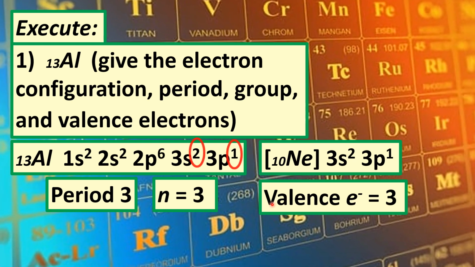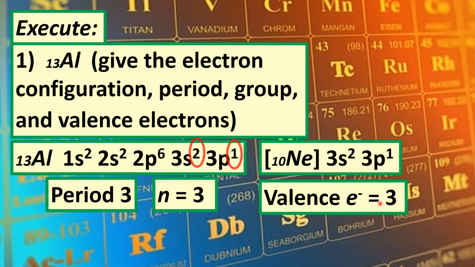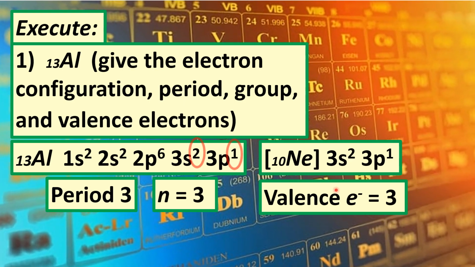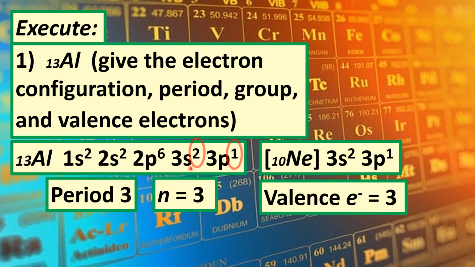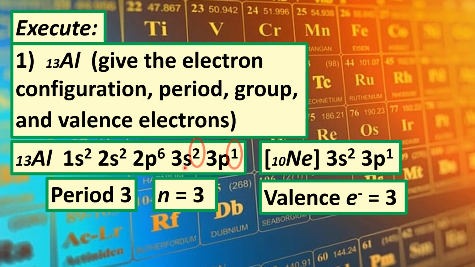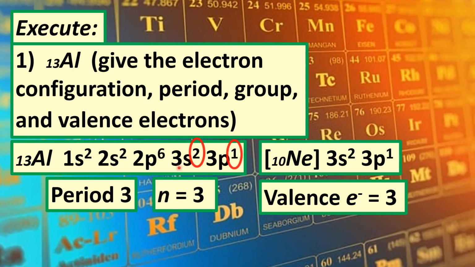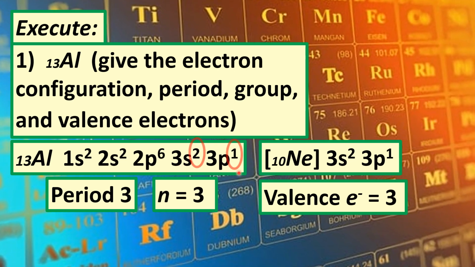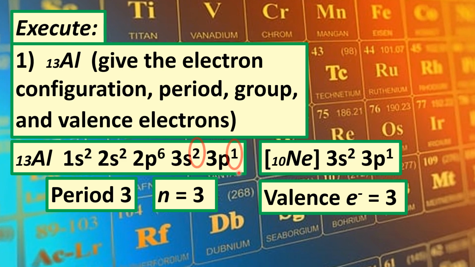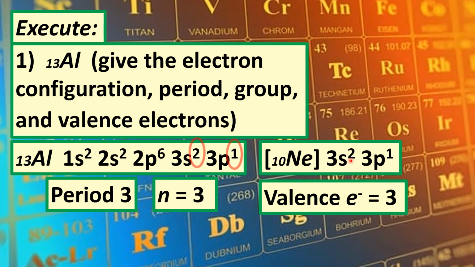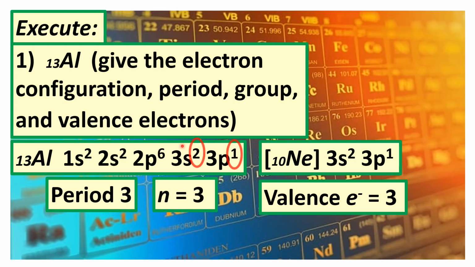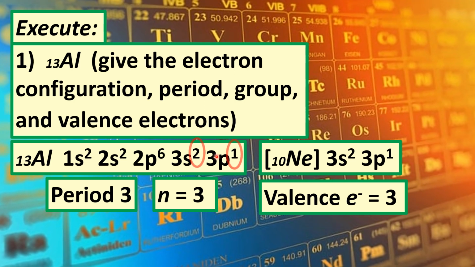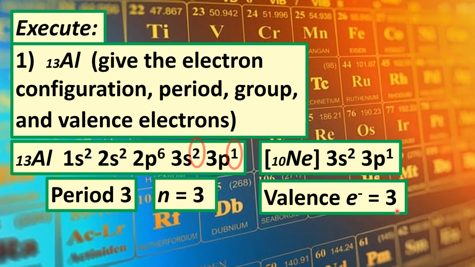By definition, valence electrons refers to the number of electrons in the outermost energy level. So the outermost energy level, of course, is 3. The orbitals in the outermost configuration are 3s2 and 3p1. So the number of electrons, 1 plus 2, represents the valence electrons.